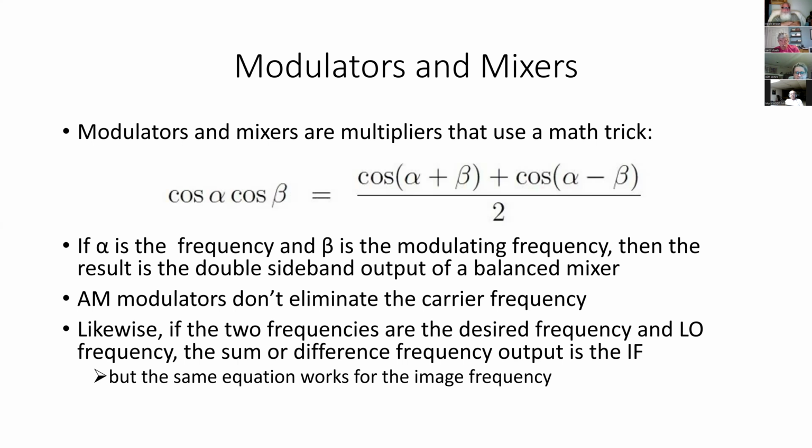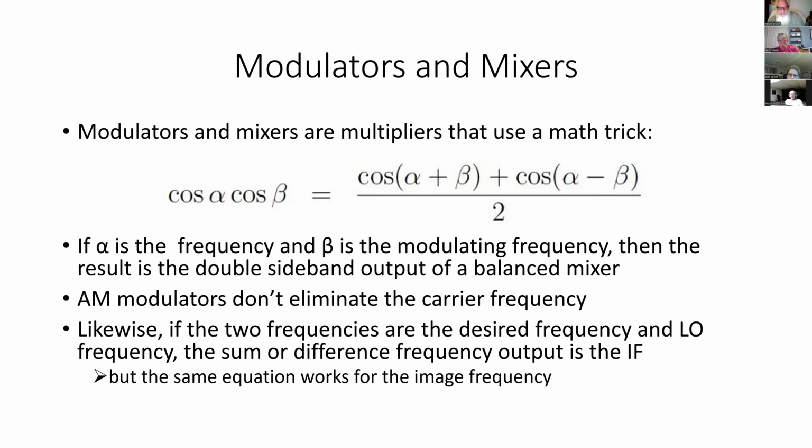So if alpha is the carrier frequency and beta is the modulating frequency, then the result, which has no component right at frequency alpha, is double sideband, or the output of a balanced mixer. Now, AM modulators don't work quite the same, so they don't eliminate components on the carrier frequency.